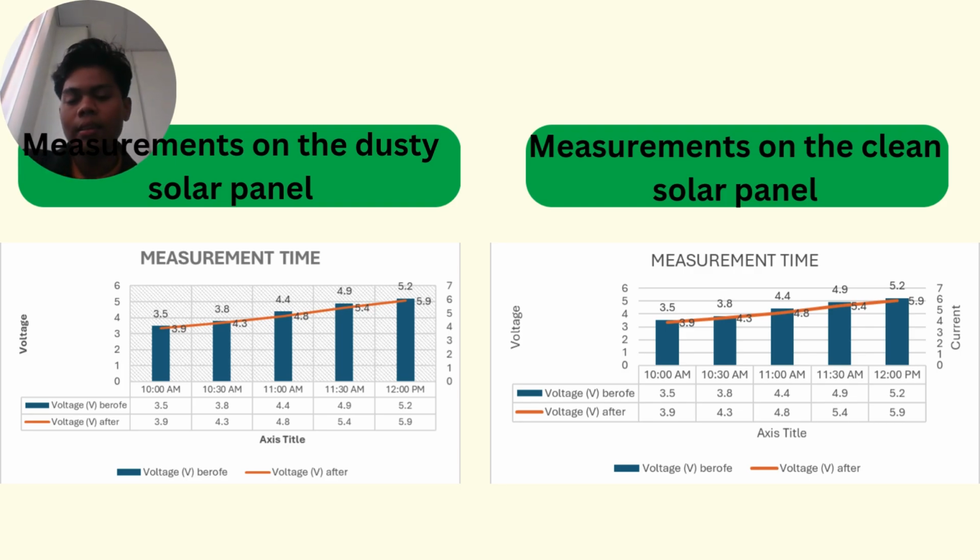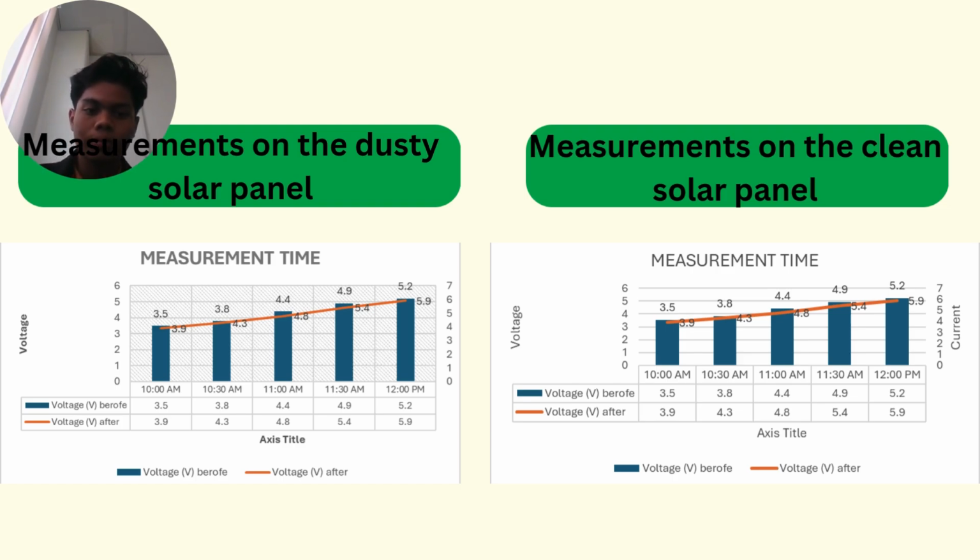Okay, this is the graph for the measurement of the dusty solar panel before solar panel cleaning and the second graph measured on the cleaned solar panel. Okay, we have two curves showing voltage value under two distinct conditions.